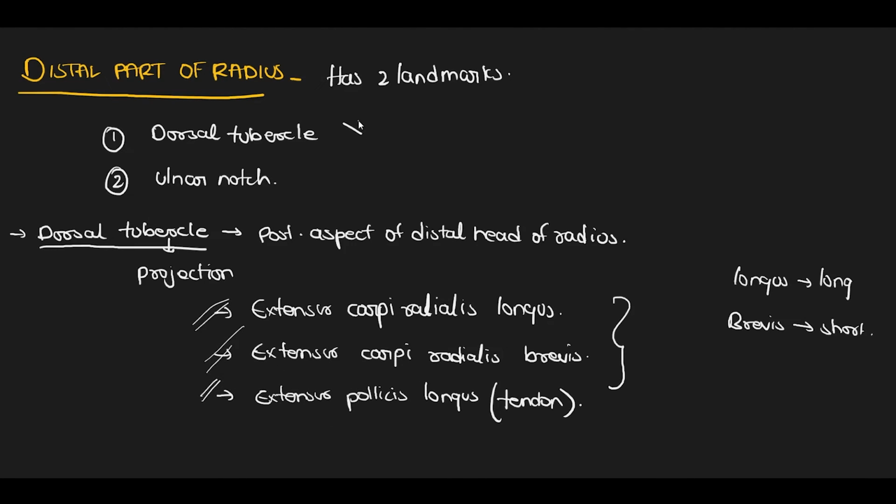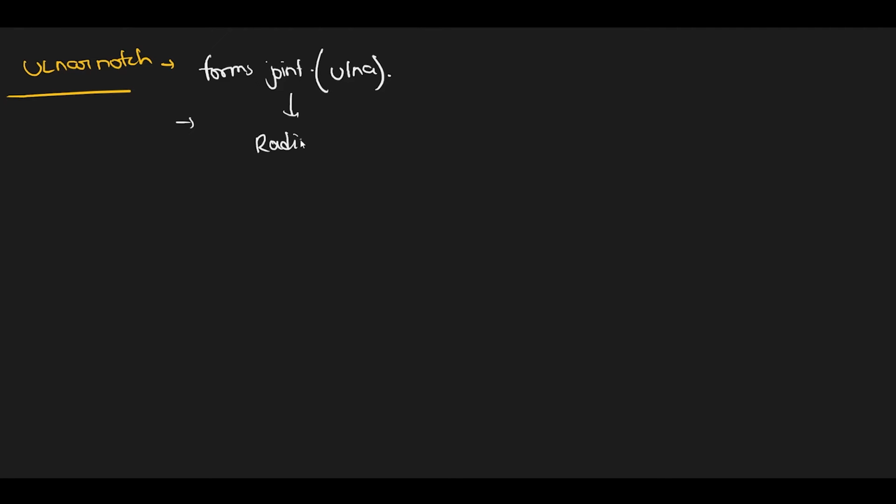So I told you about the first landmark, that is the dorsal tubercle. It is completed, and let's discuss the second landmark, that is the ulnar notch. This ulnar notch only helps us with one function: it forms a joint with the ulna. So what is this joint named? It is named the radioulnar joint, the distal one, because we are discussing the distal part of the radius.